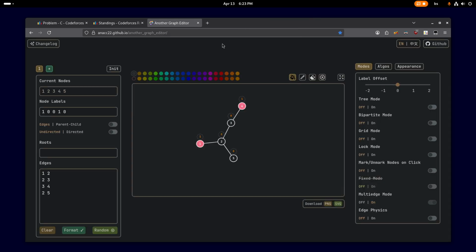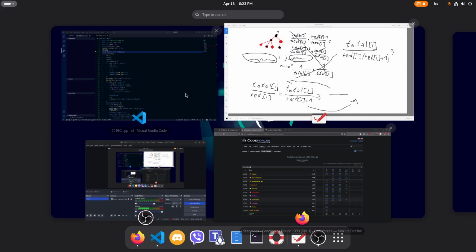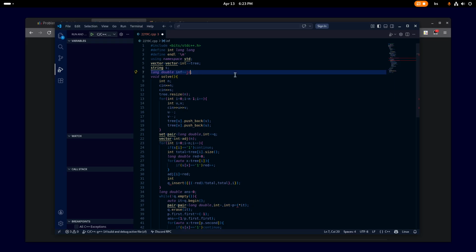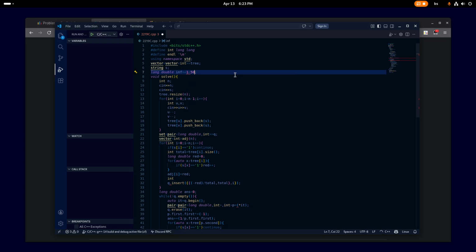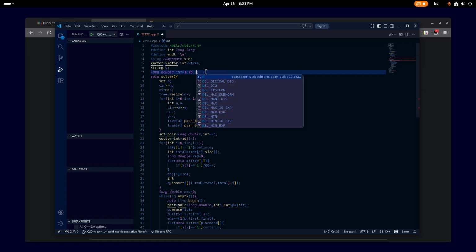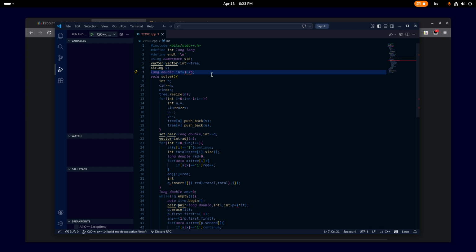Actually, yeah, I'll just put some number like 10 to the 50. I think that should fit in a long double, and that's maybe a bit larger. Yeah, this still fits in. I mean, this is fine, probably.